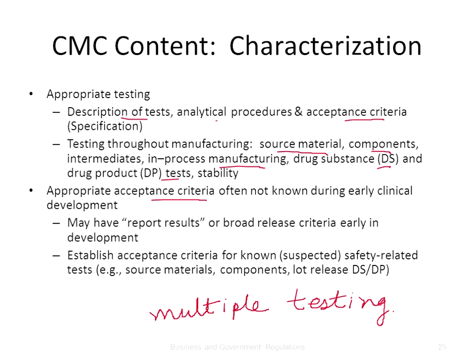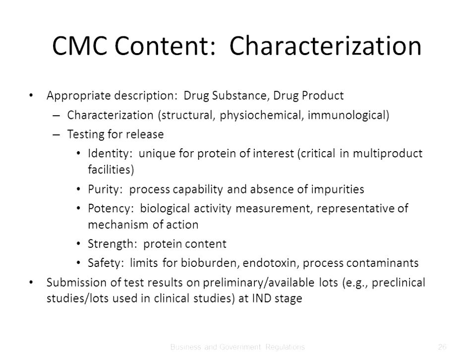Now, in the early clinical trials, you may not have those criteria set up. Okay, so you have to report the results or give broad release criteria in early development, and then over time you have to establish the acceptance criteria for all different things.